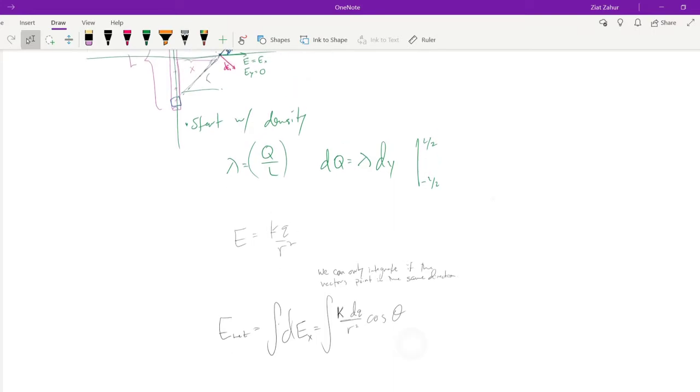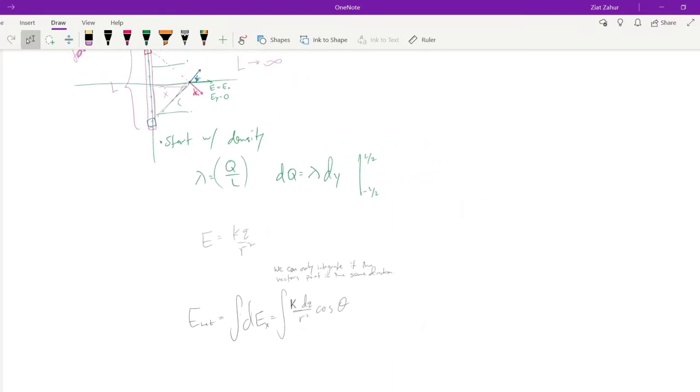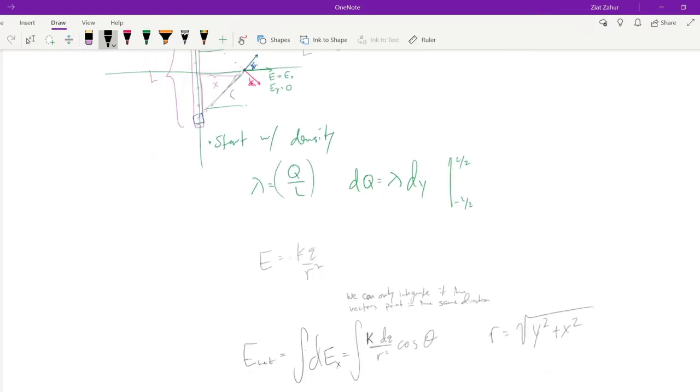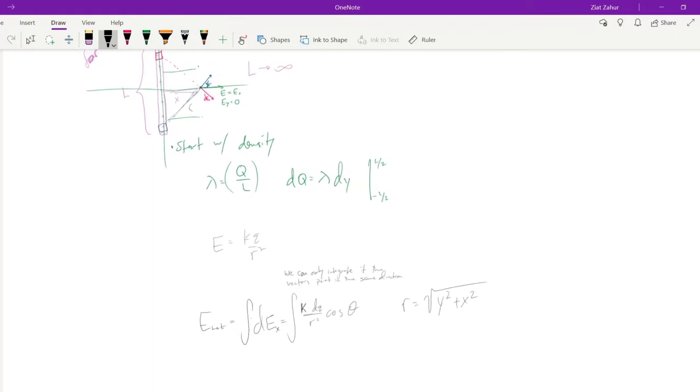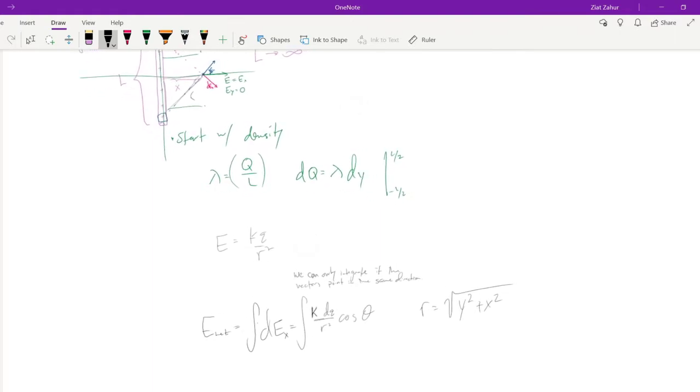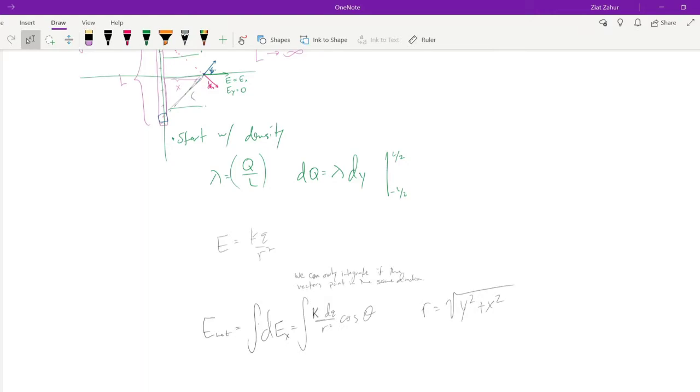So r is the distance. Now we can use trigonometry and see that r is equal to the square root of y squared plus x squared. And then cosine is adjacent over hypotenuse.